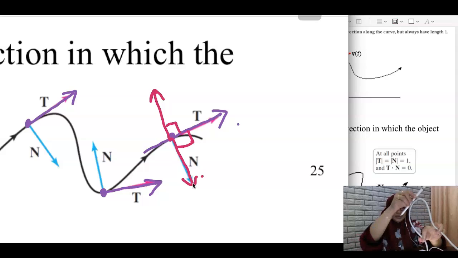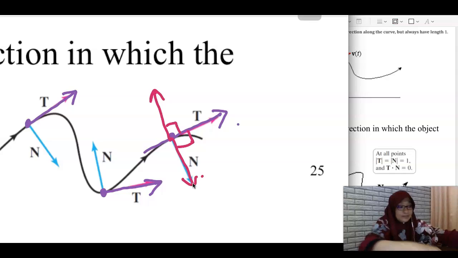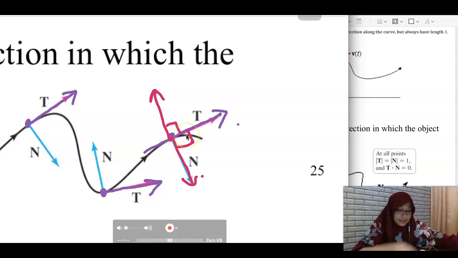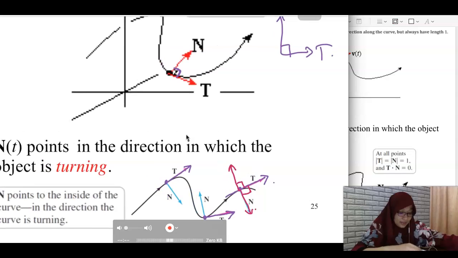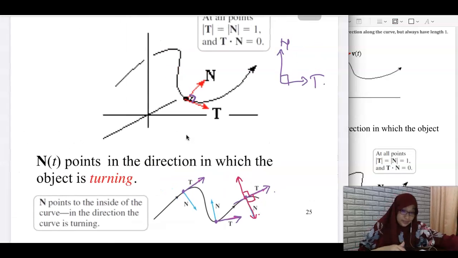This is your capital T vector, and the unit normal goes this way or down here, because they said it should point inside, so this is considered inside. So that is the characteristic of the unit normal and unit tangent.